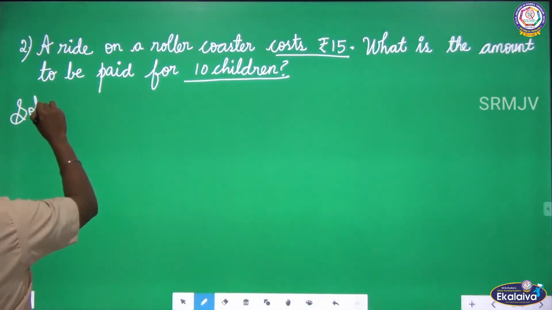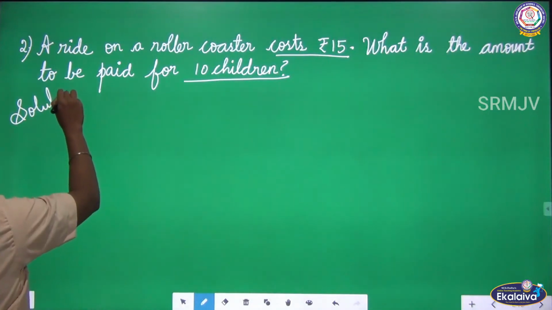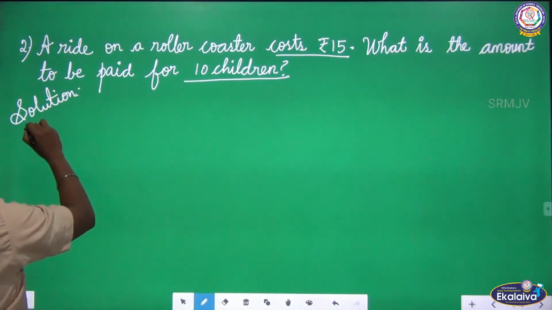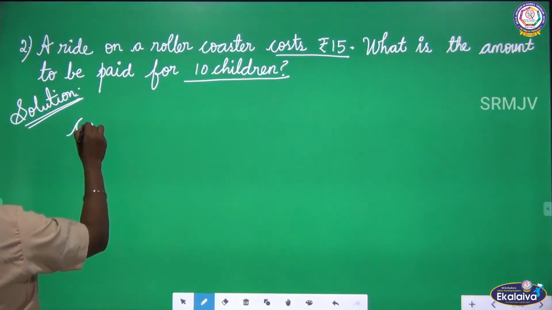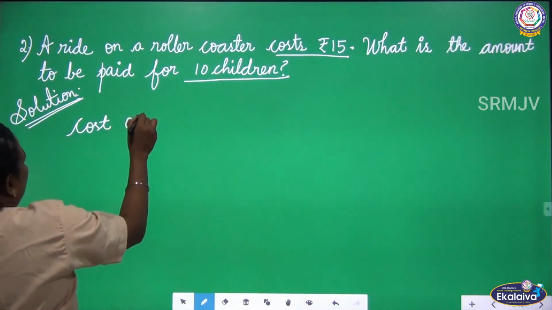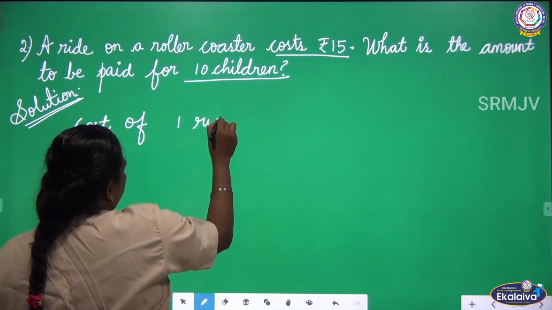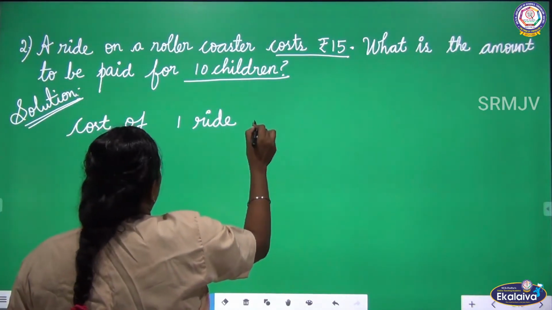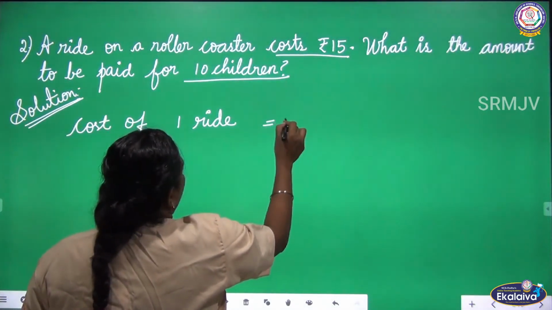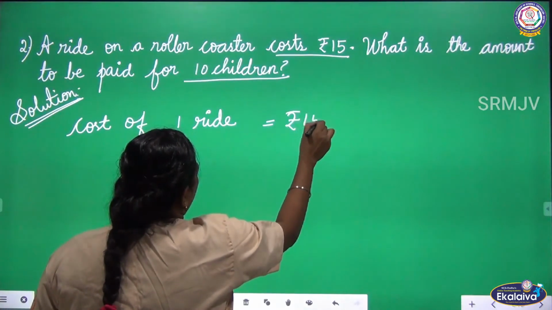So write the solution. You write: cost of one ride equal to rupees 15.